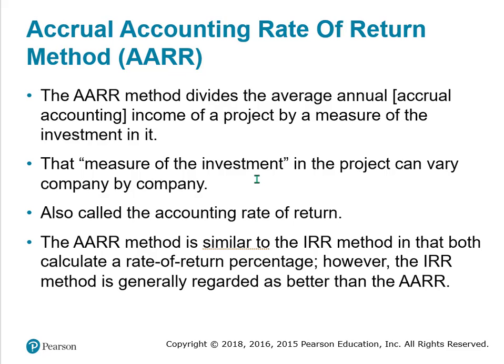You'll even find it different in different textbooks. This is called the accounting rate of return. It's similar to the investment rate of return in that both calculate a rate of return percentage, but AARR is generally regarded as a better measure.